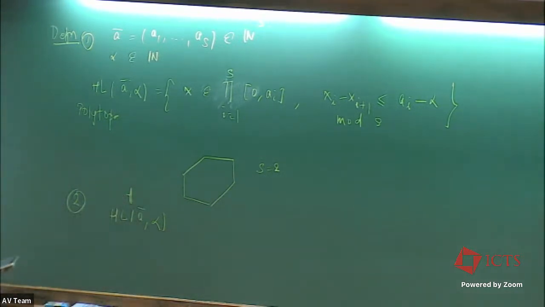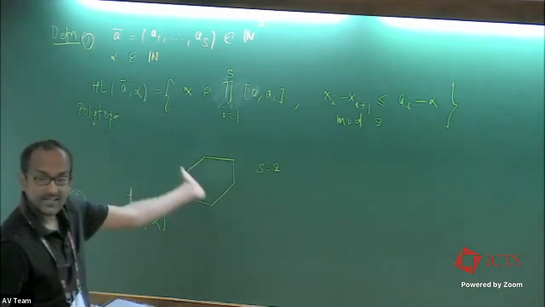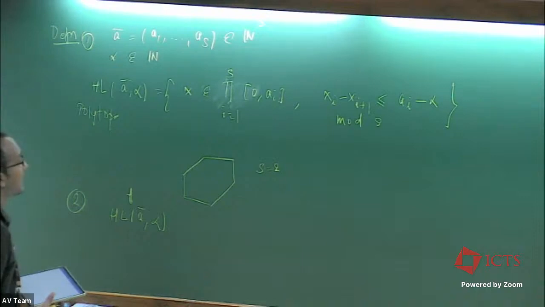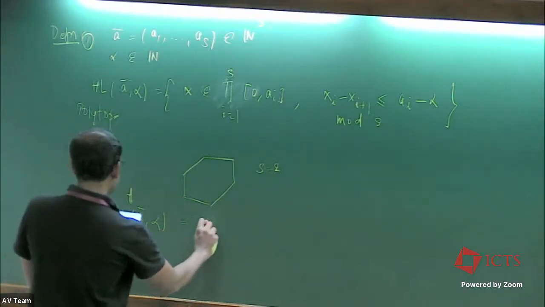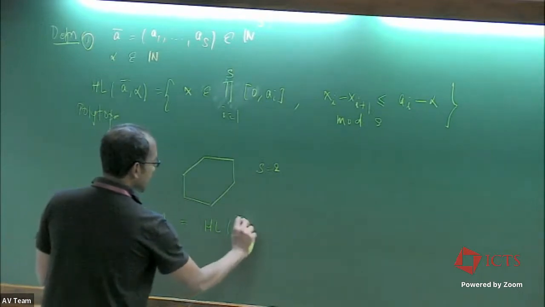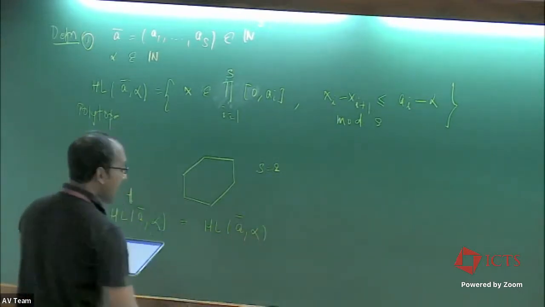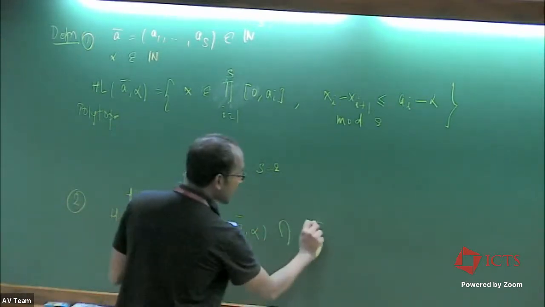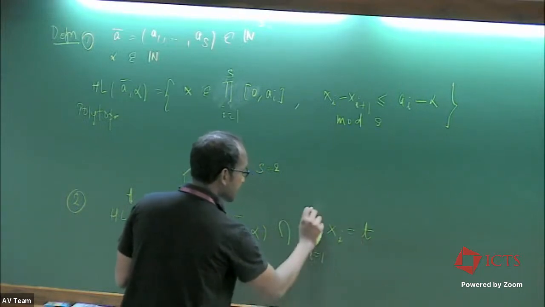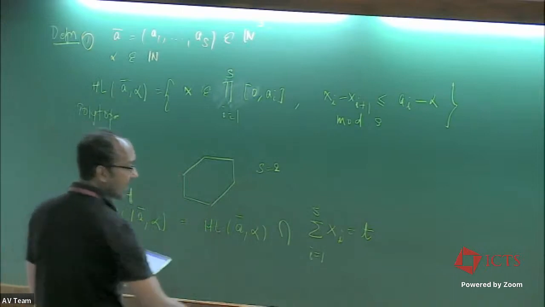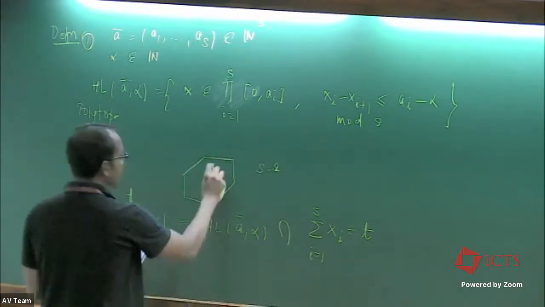Now, suppose I have a new parameter. What I'm going to do is look at slices of this polytope along this particular hyperplane, and then intersect with this hyperplane. In this case, the hyperplane is just going to be this.